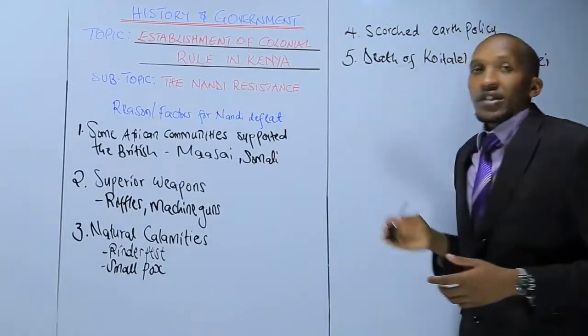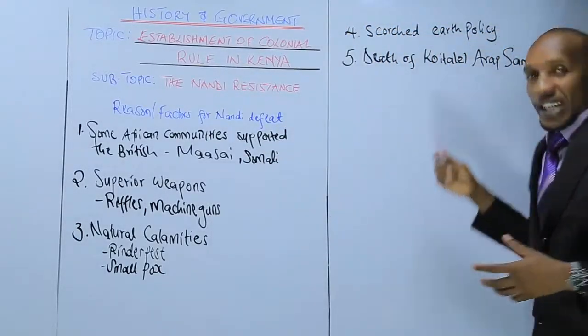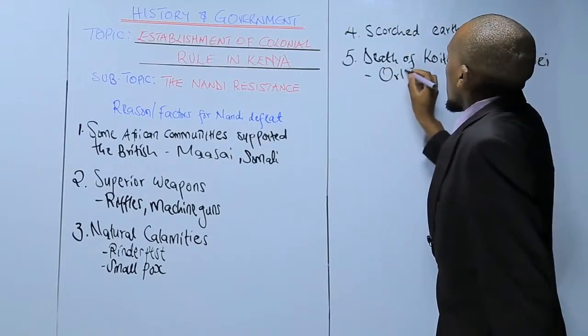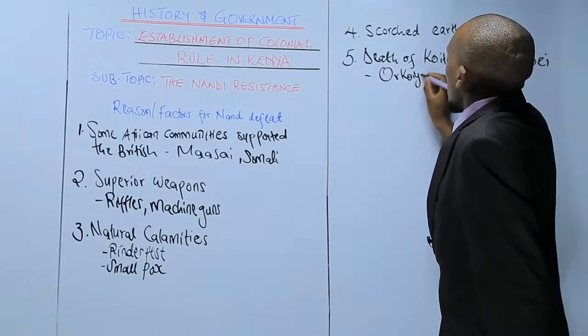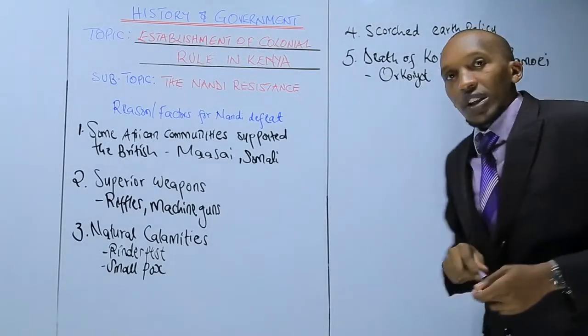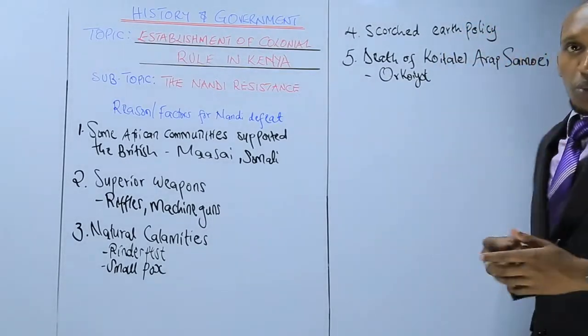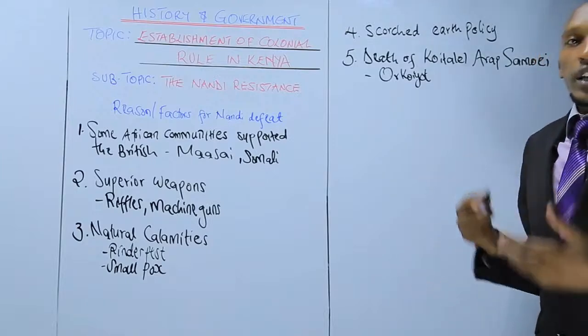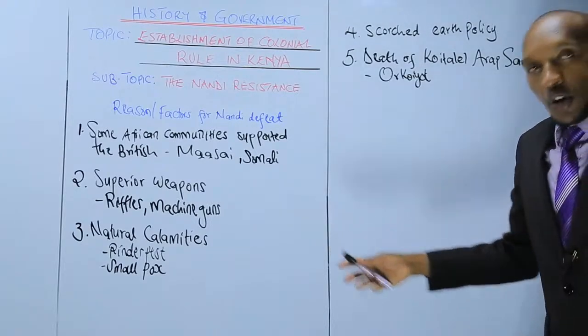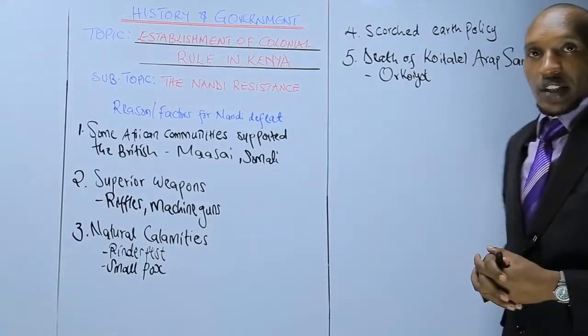So this was the leader, the Orkoiyot. He was the Orkoiyot at that time. And remember, the Orkoiyot was a very essential person in the Nandi community. He was the overall leader. It was the institution that brought together the members of the Nandi community.